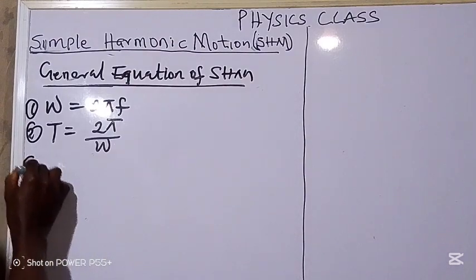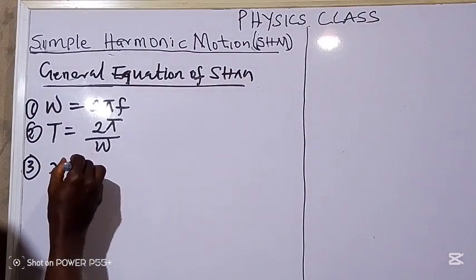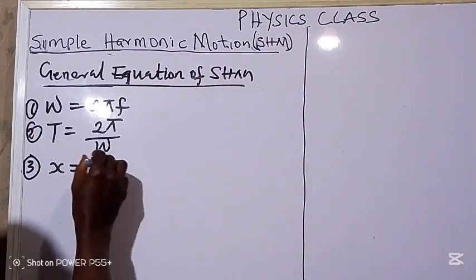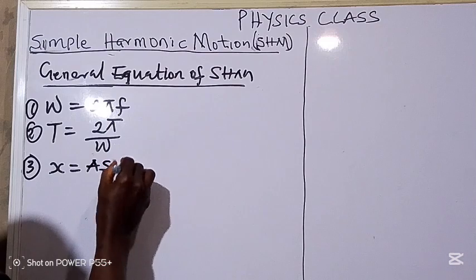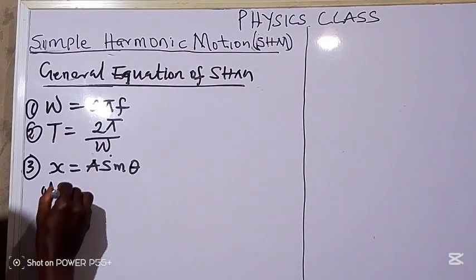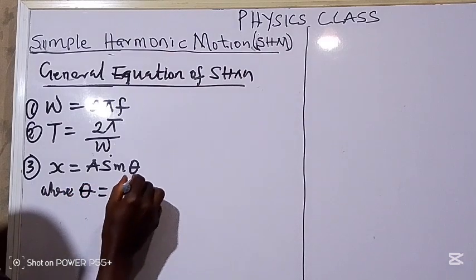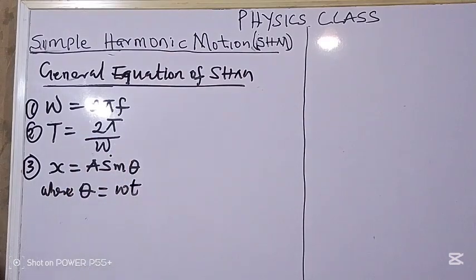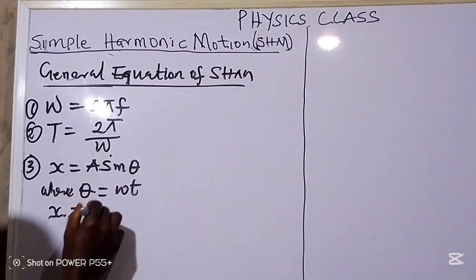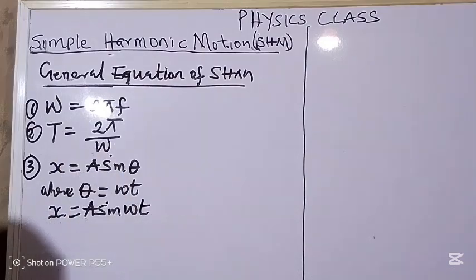Number three, we talk about the displacement of simple harmonic motion from the equilibrium position as a sine theta, where theta is equal to omega t. Therefore, displacement will now be equal to a sine omega t.